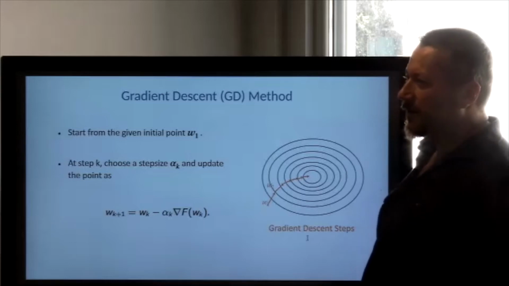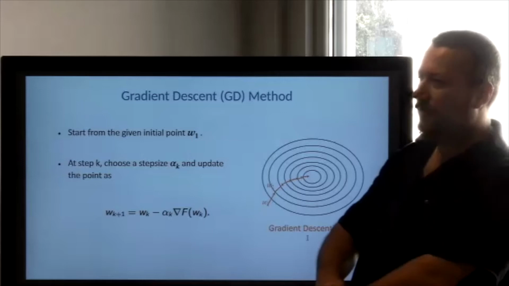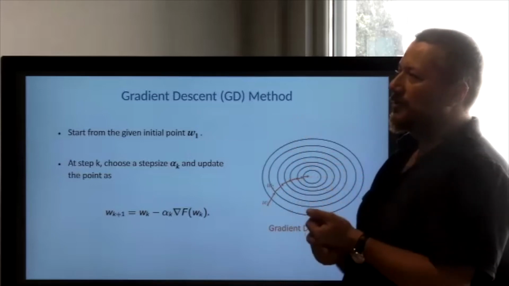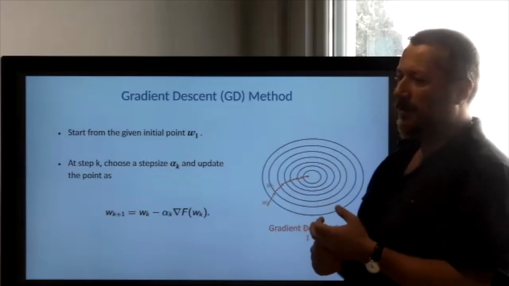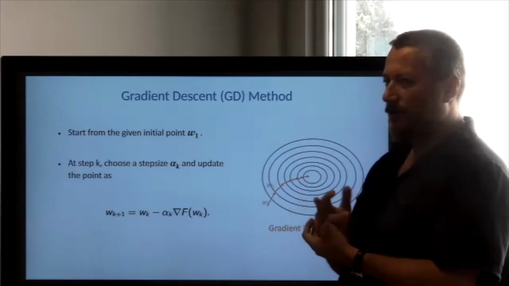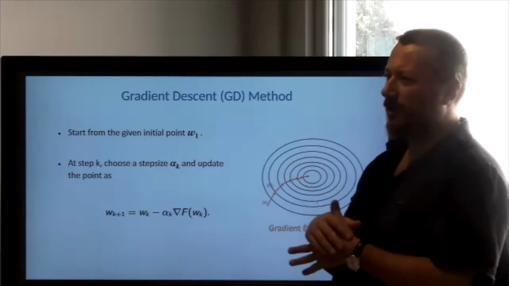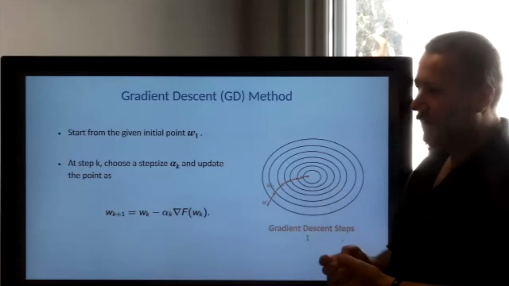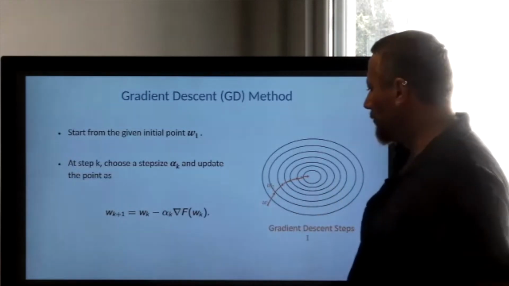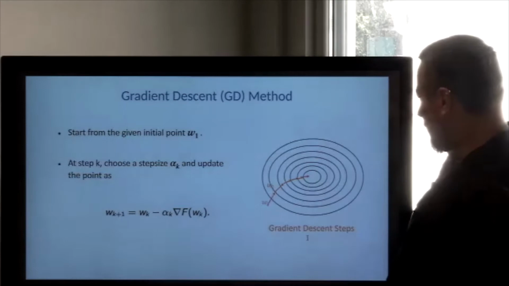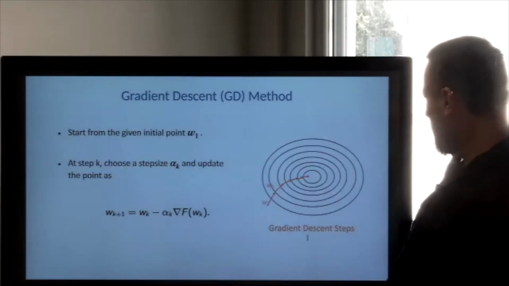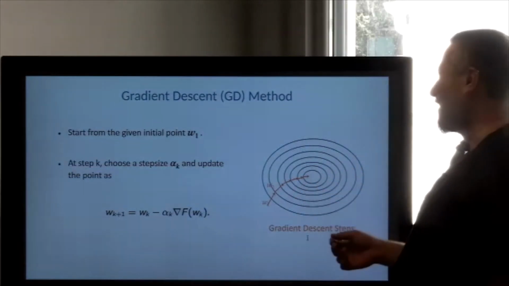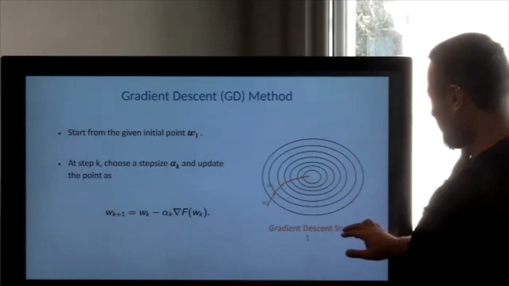Since we are dealing with these non-convex functions, we can only guarantee convergence to stationary points, but maybe we can look at more structured models like convex or strongly convex functions, where you can talk about reaching the global minimum. All right. So this is my representation of how the gradient descent method works.